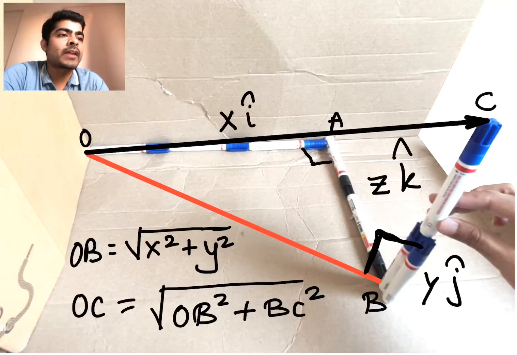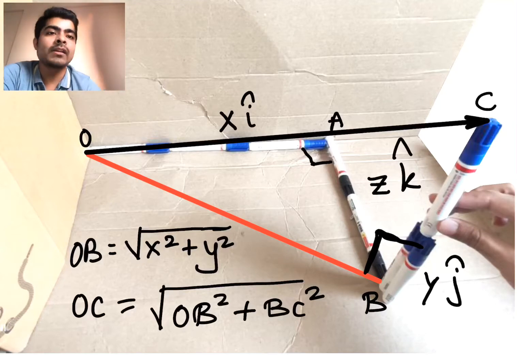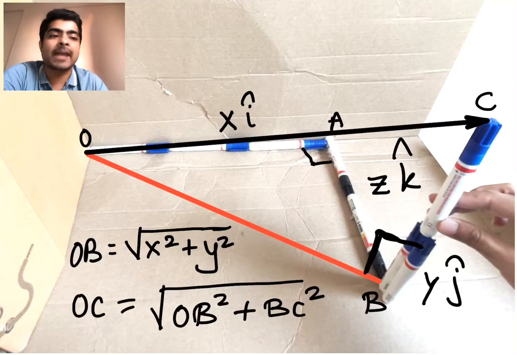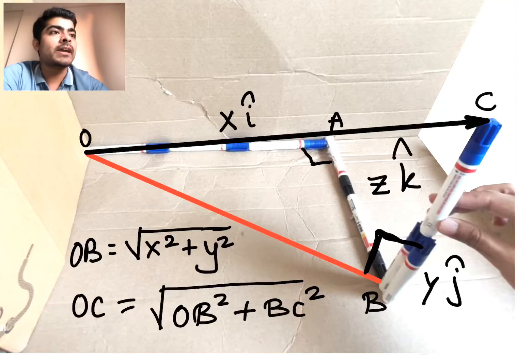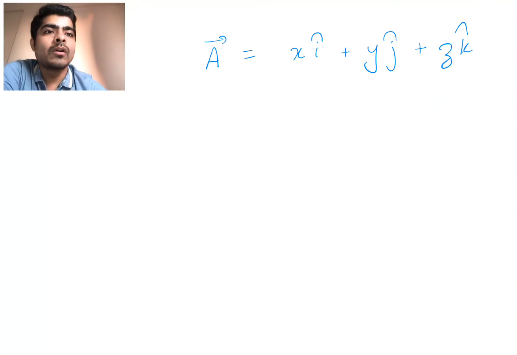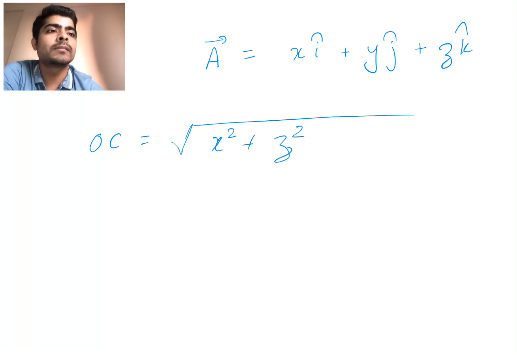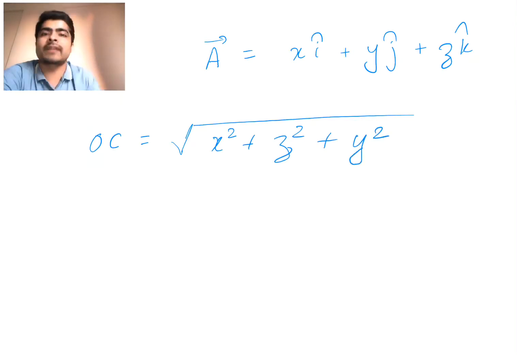Now OB is equal to root of x square plus z square. Put that over here. And BC will have length equal to y. So put that over here. Then you will obtain that OC will be equal to root of x square plus z square plus y square.